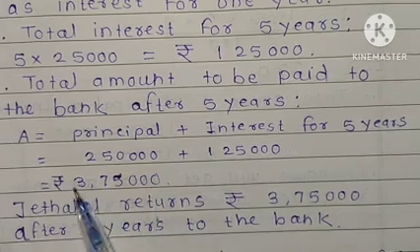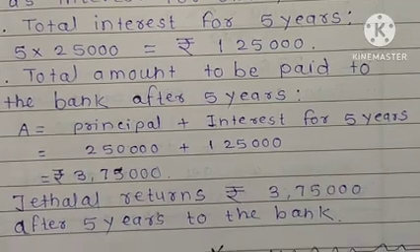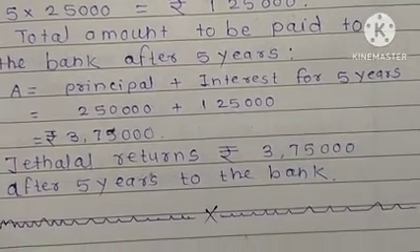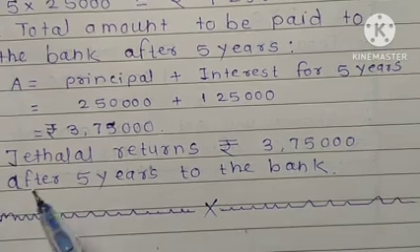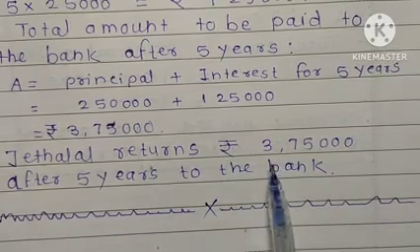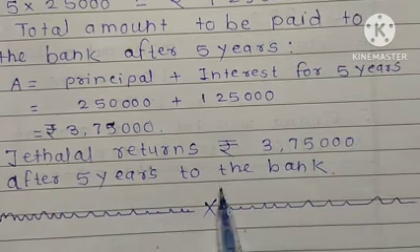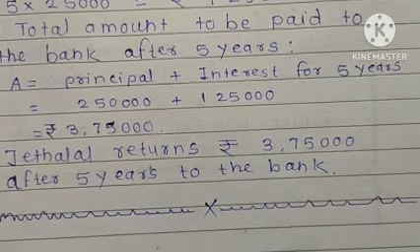That means this is the total amount which Jethalal has to pay after 5 years. Okay. So Jethalal returns rupees 3,75,000 after 5 years to the bank.